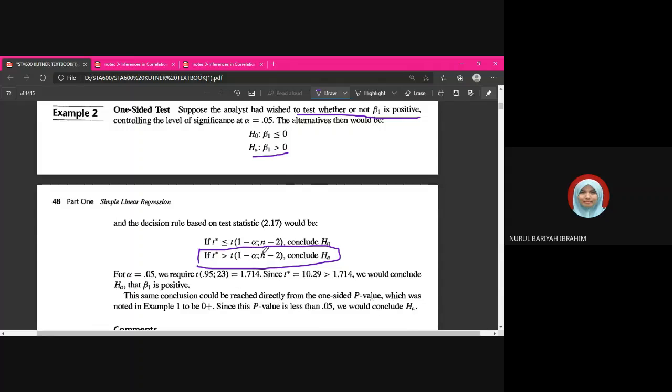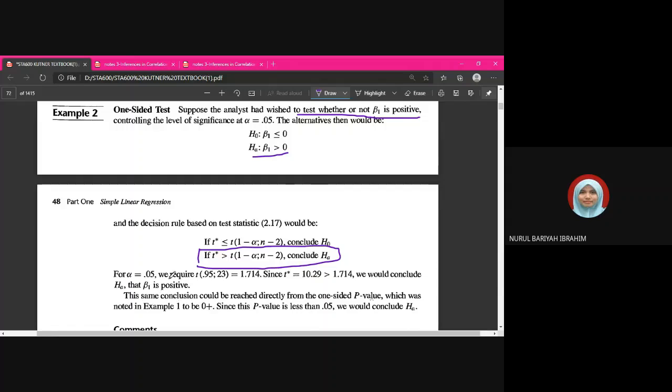Okay, remember here 1 minus alpha and n minus 2 if we want to use the t table from this textbook. Kalau nak guna t table merah, dia akan jadi t alpha saja, t alpha and n minus 2 untuk reject H0. Okay, let's say for this example, we want to test whether the slope is positive or not.